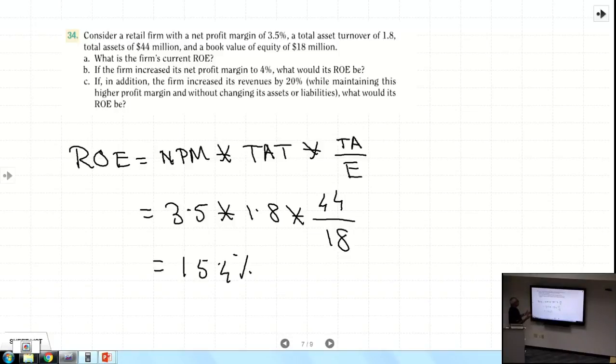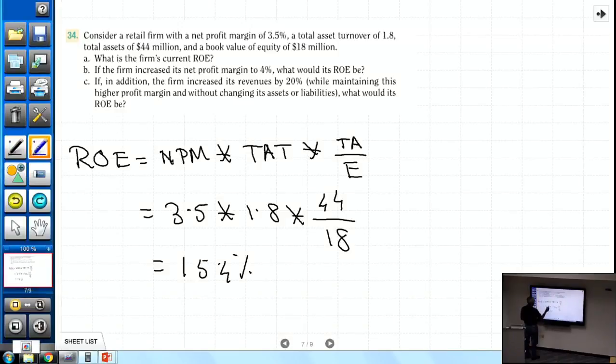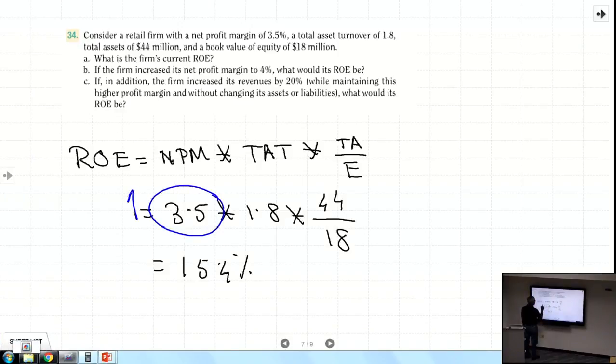If the firm increases its profit margin, obviously its ROE will also go up. If the firm increases its revenue, what would its ROE be?